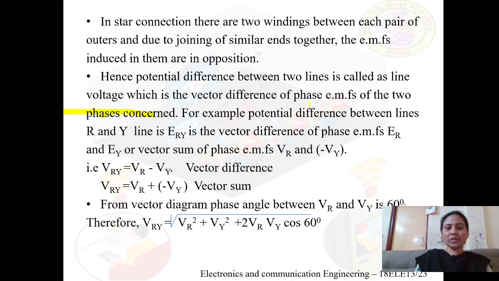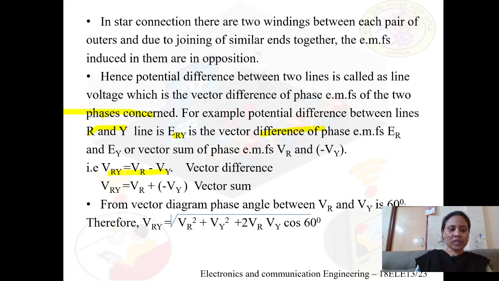For example, if we consider the two lines R and Y, then the line voltage between R and Y is ERY, which is the vector difference of the phase voltage of R and the phase voltage produced by the line Y. Hence, the line voltage between the two lines is equal to the vector difference between the corresponding phase voltages.